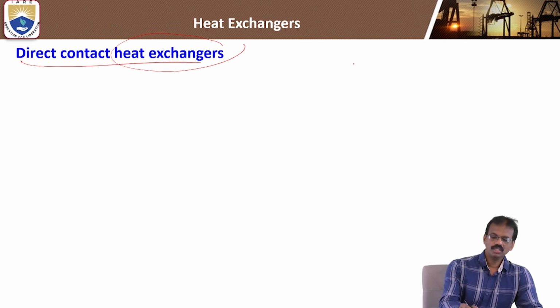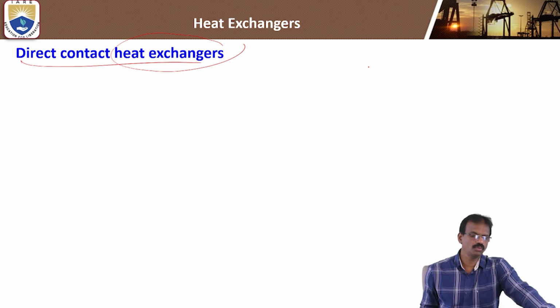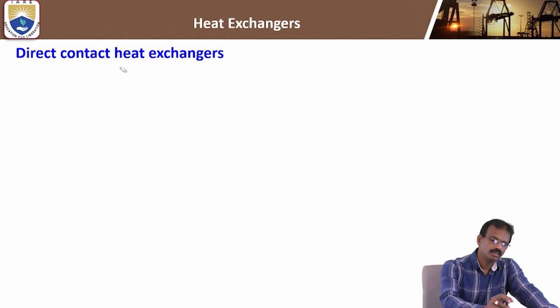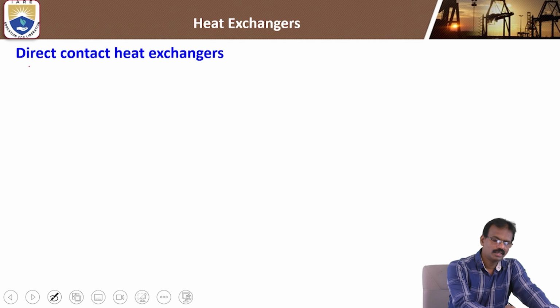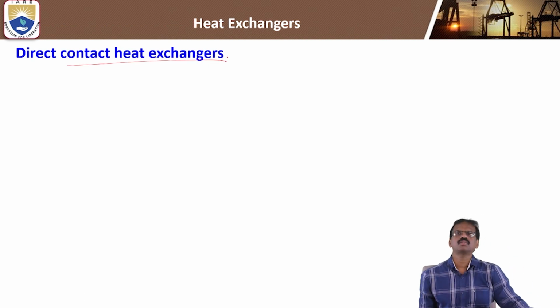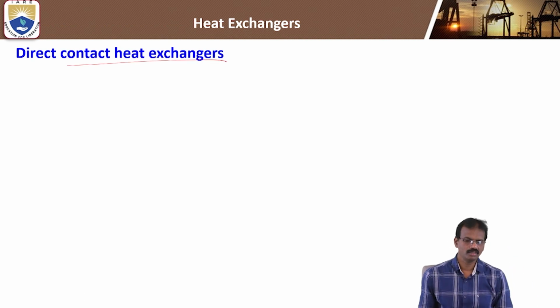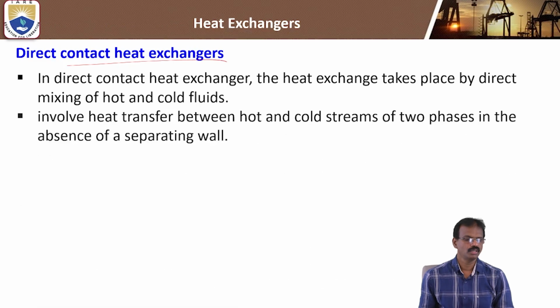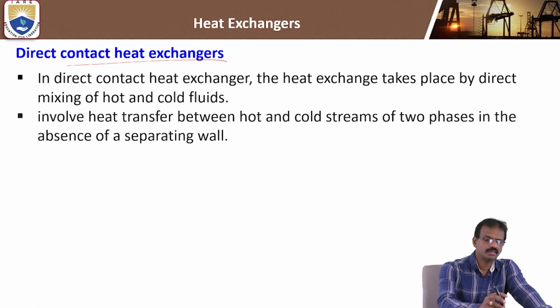So only heat transfer takes place between two fluids. In the direct contact heat exchanger, both the fluids are in contact with each other, so heat transfer takes place directly. This is the direct contact heat exchanger.